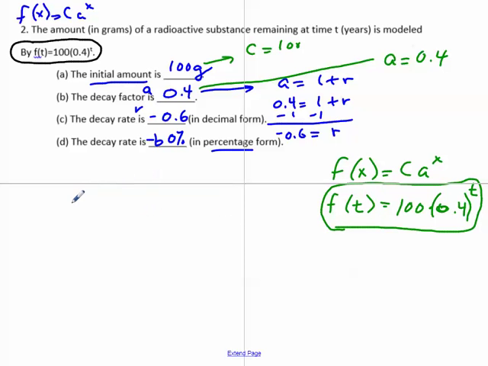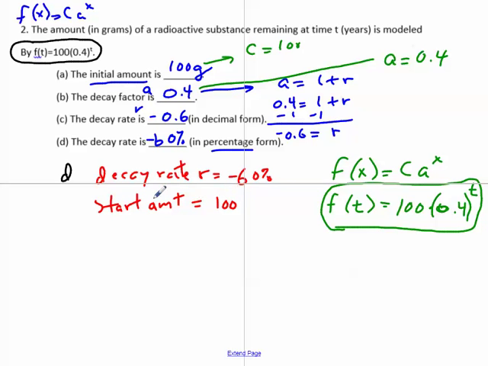Now, if I was told a different situation, let's see, hang on one second, get a better color. There we go. If I was told that decay rate r was equal to negative 60% or negative 0.6, and the start amount equals 100 grams, then I could do the same thing.